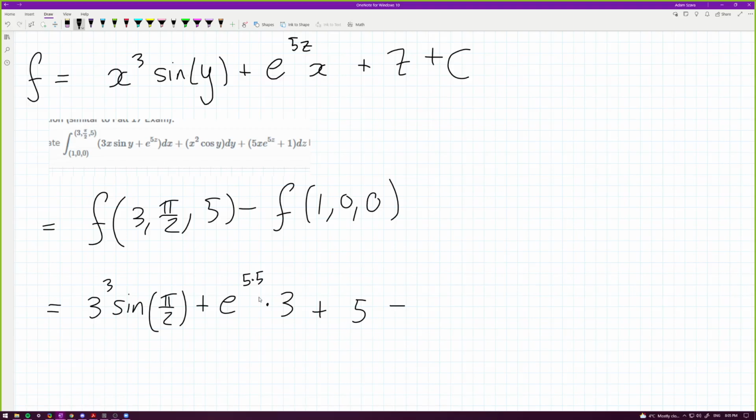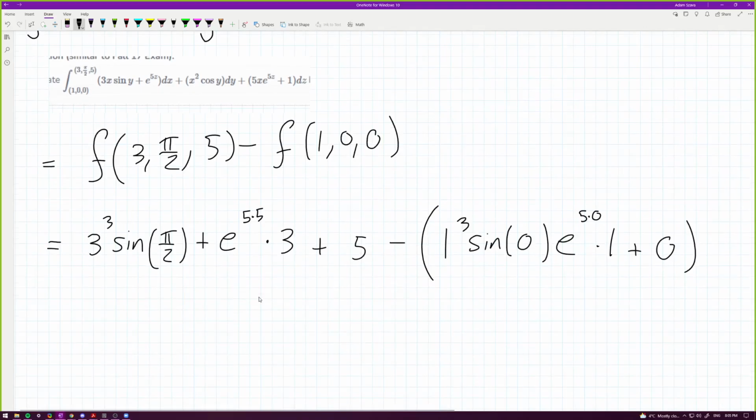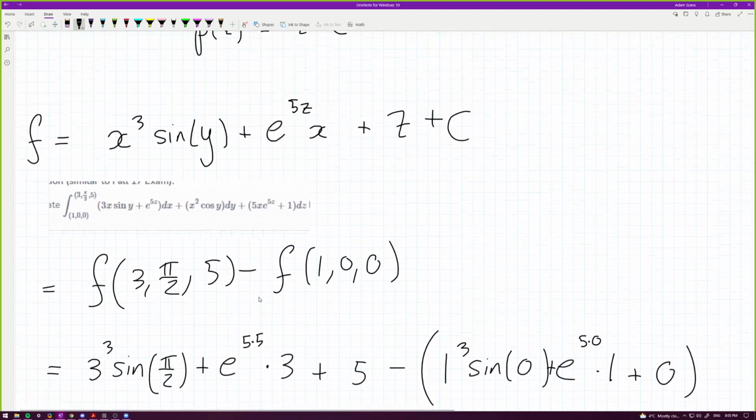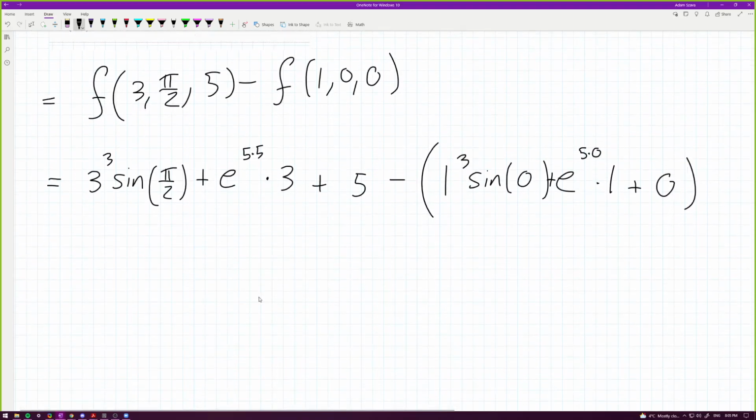Minus f of 1, 1, 0. So it's going to be 1 cubed sine 0, e to the 5 times 0 times 1 plus 0. Oh, there's a plus there, sorry. There's a plus, yeah. So I think it's just minus 1.